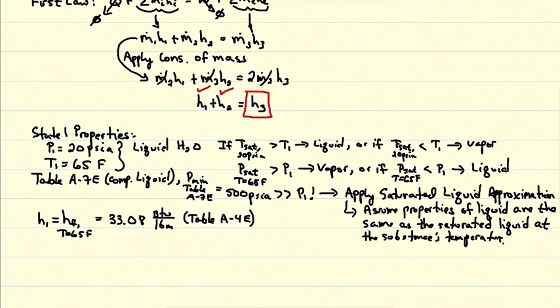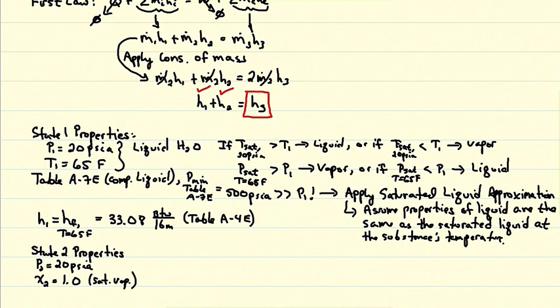Okay, so I can then go to my state 2 properties. And so what I know at state 2 is that P2 is equal to 20 psia. That was given to me. And then I was told that I am also a saturated vapor. So my quality at state 2 is 1. That's my saturated vapor state.